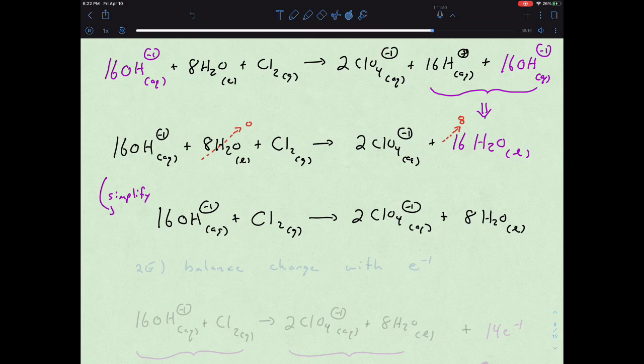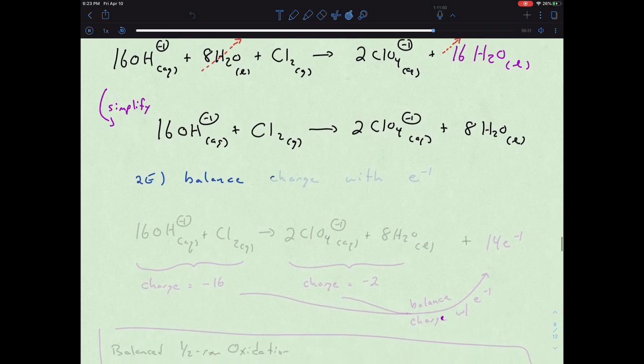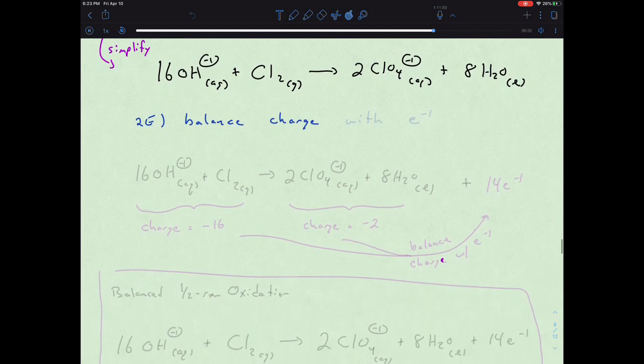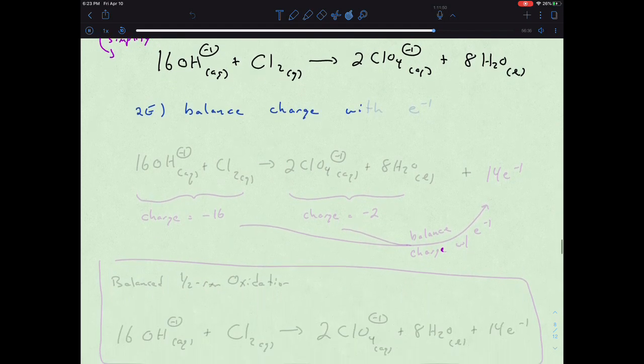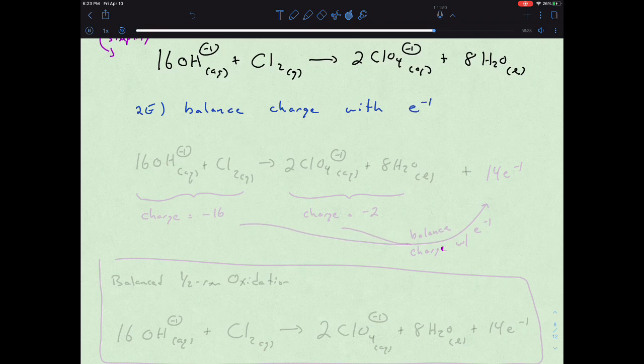So we're now able to go to step 2E, where we want to now balance charge with electrons.